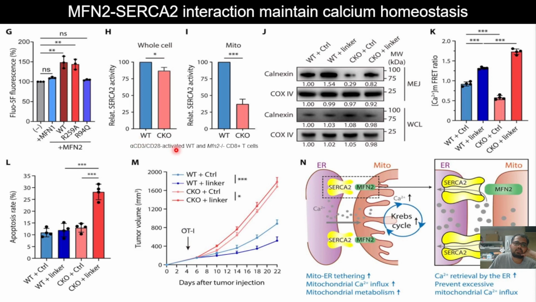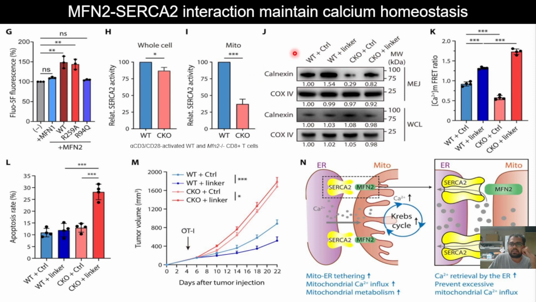When they used these knockout CD8 T cells, they saw that there is a decrease in the SERCA2 activity, which is suggesting that it is not only in vitro, not only outside the cells as they have shown previously, but it is also happening inside the cells. The end result is that SERCA2 activity is going down in the CD8 T cells.